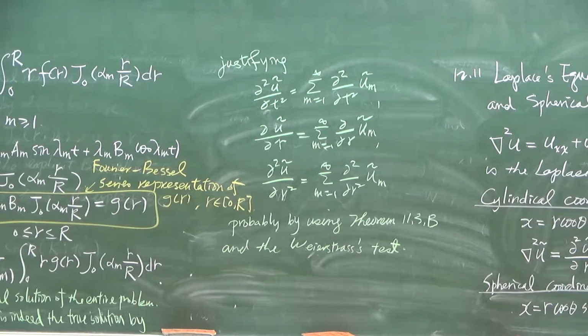Okay, and for y we have r sine theta sine phi. Okay, and for z we have r cosine phi. Okay, so we have that.